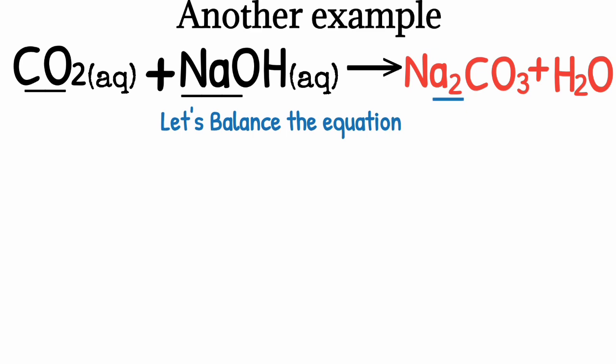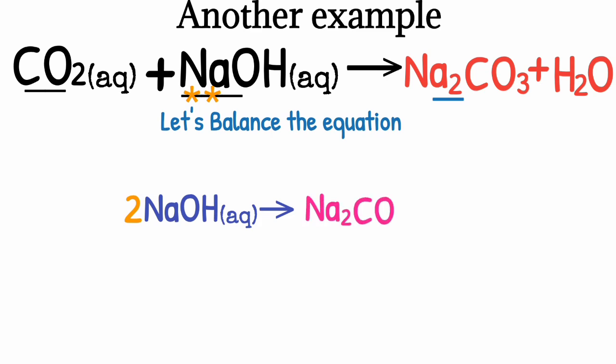From this equation, we can see that the product sodium has 2 atoms, and the reactant has only 1. So we balance it by adding 2 to the NaOH, and this NaOH also produces sodium carbonate aqueous solution and water, H2O liquid.